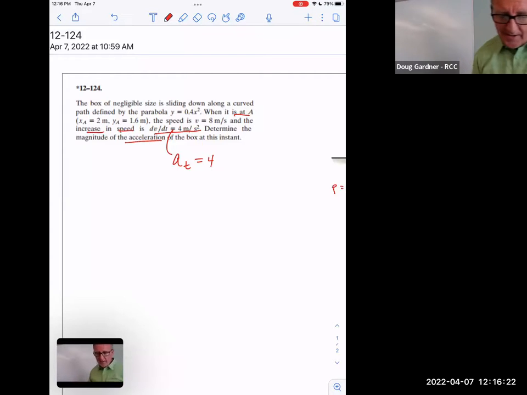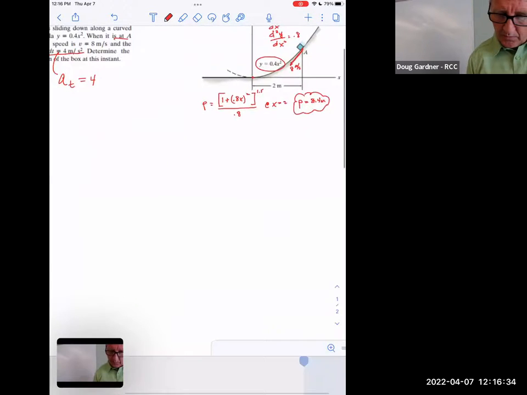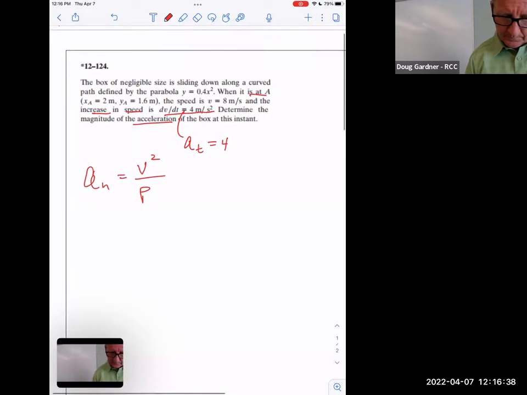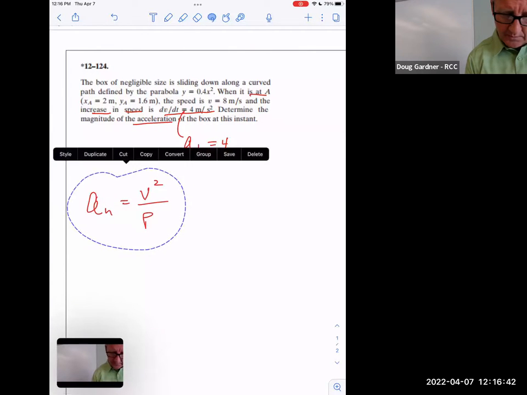Well, how do I find AN? Well, I have that recipe that called for the speed and rho. And fortunately, we just got done figuring out rho was 8.4. And they gave us the velocity. And so, oh, that's cool.